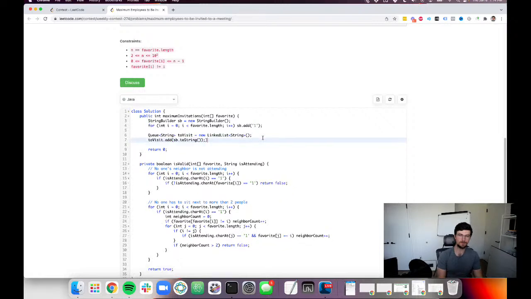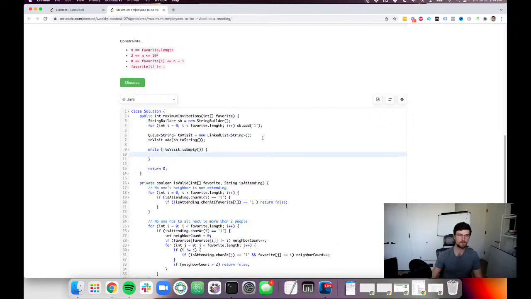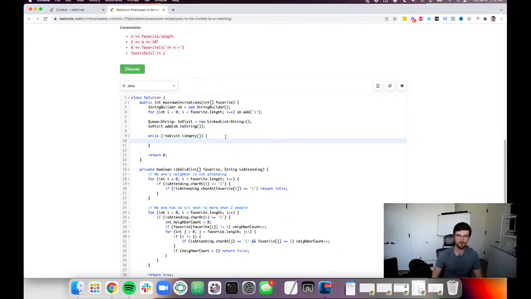Now what we basically want to do is, we're doing breadth first search, so we're going for while not toVisit.isEmpty().